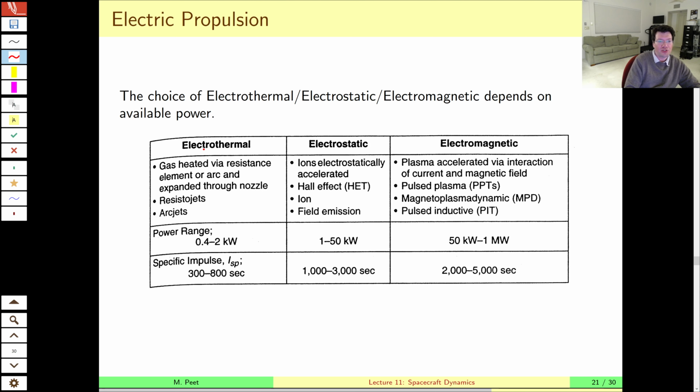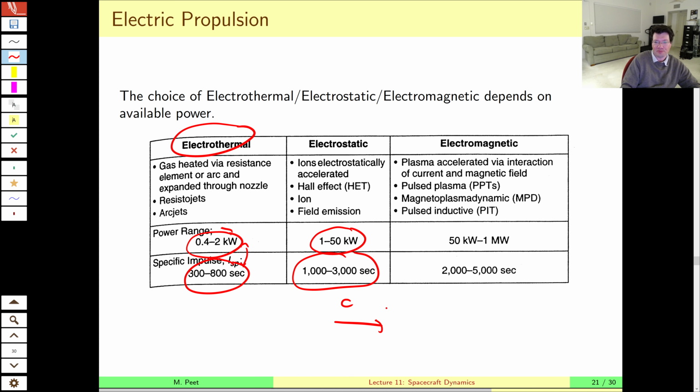So electric propulsion, again, broken down: electrothermal, just resistance heating, provides very little ISP, but it also doesn't require that much heating, as you might expect. By contrast, electrostatic requires more electricity and produces more ISP, more C, more faster cannonballs.